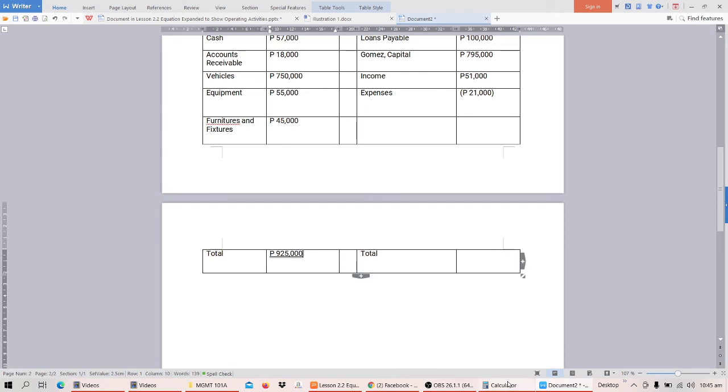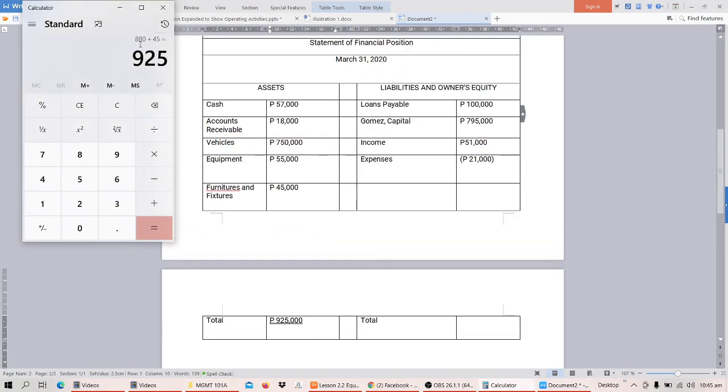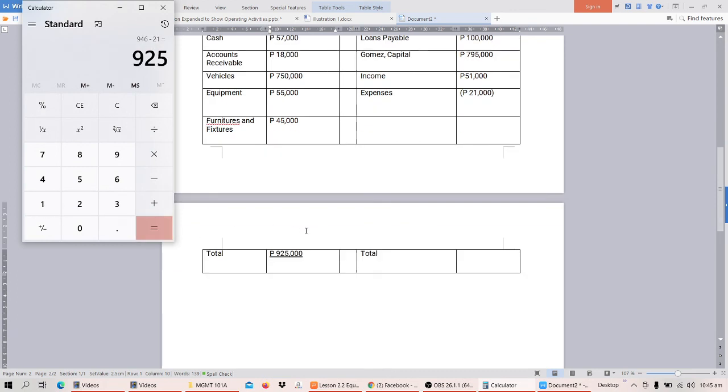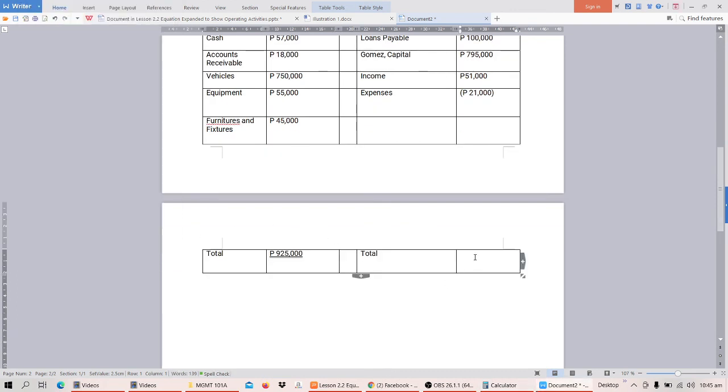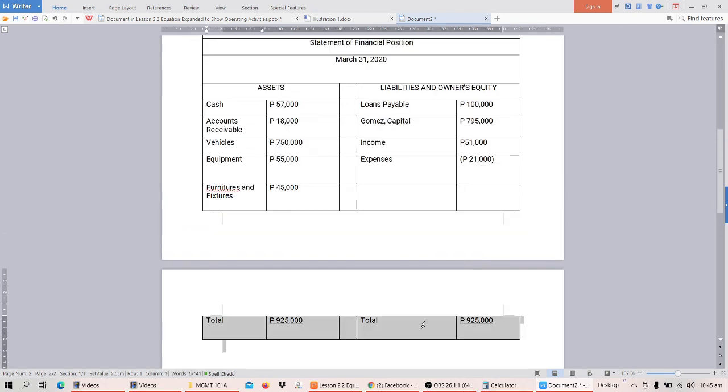Okay. And in your liabilities and owner's equity, 100 plus 795 plus 51 minus 21,000 as your expense. So 925. So it is equal. So your assets and liabilities and owner's equity is balanced. 925. Okay.